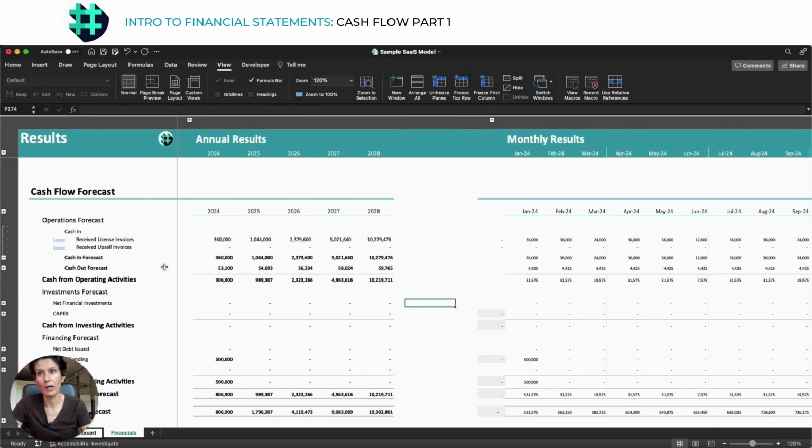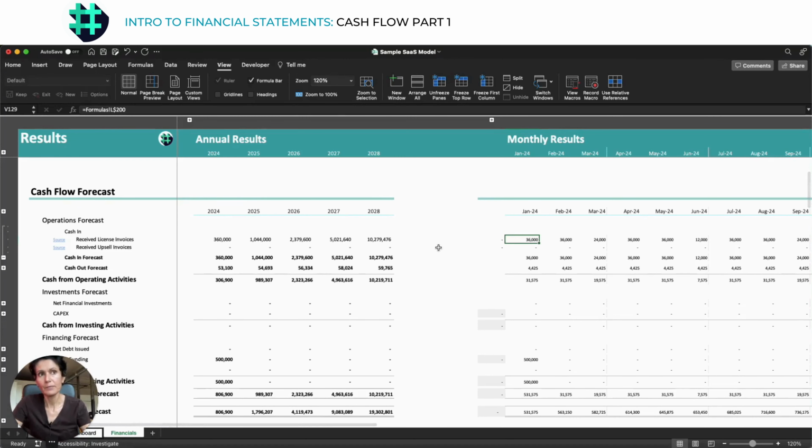And so the way that the model is going to calculate the cash coming in is it's basically going to say, okay, well, how many customers do you have at the end of January? How many have you onboarded as of January? Let's say you launch your platform in January and you have 3 customers.